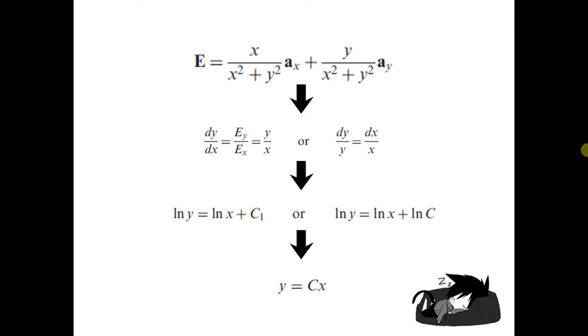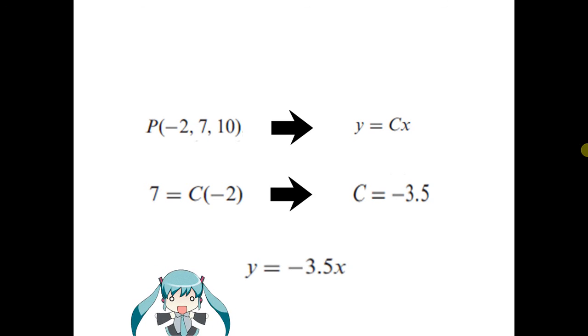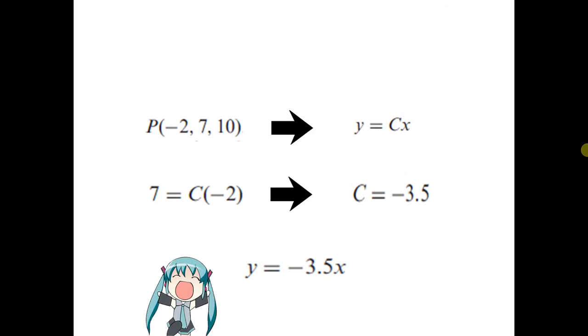If we want to find the equation of one particular streamline, say one passing through P(-2, 7), then we merely substitute the coordinates of the point into our equation and evaluate. Here, 7 equals c times negative 2, and c equals negative 3.5, so that y equals negative 3.5x.